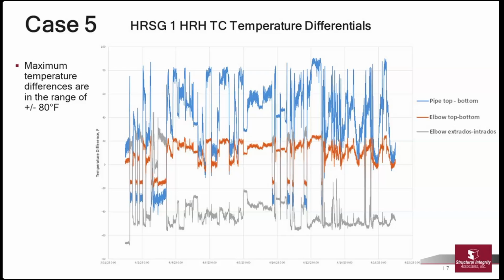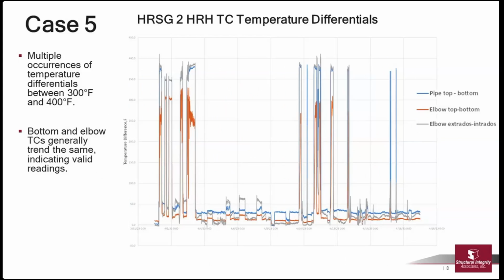But when we went to the next unit, which, can you go to the next one? This is what we started seeing: temperature differences of 300, 400 degrees Fahrenheit. And the first question is, wow, is this real? But when you start looking at it, you see that the trends are consistent.